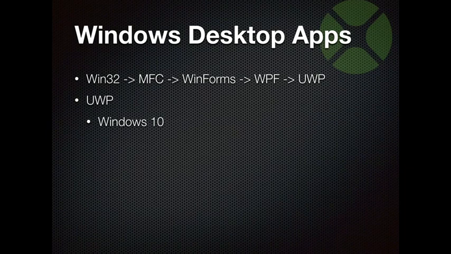So let's talk about some of these options. For UWP, you're pretty much constrained to Windows 10. It did not exist in Windows 8 or Windows 7. And its UI is created by this markup language called XAML.